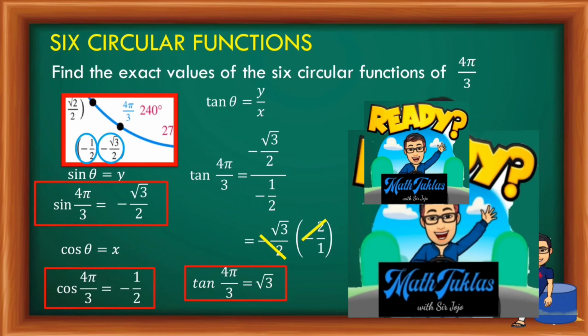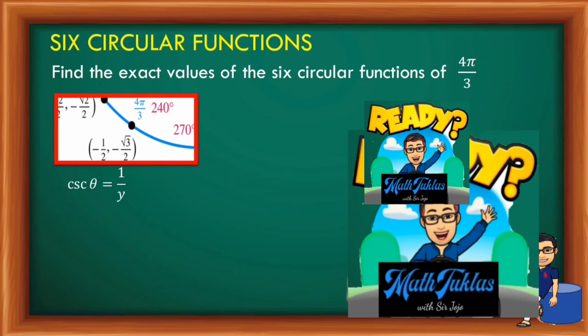Okay, yan yung tatlong nauna. So, this time around, isolve na natin ang kanyang mga ka-reciprocal. Cosecant theta. So, ang cosecant natin ay 1 over y. So, anong ka-reciprocal? Sin. Nakuha na natin ang sagot ng sin kanina, which is negative square root of 3 over 2. So, to determine cosecant 4 pi over 3, kukunin lang natin ang reciprocal nung sagot sa sin kanina, which is negative 2 over square root of 3. I-rationalize natin kasi may radical symbol ang denominator.